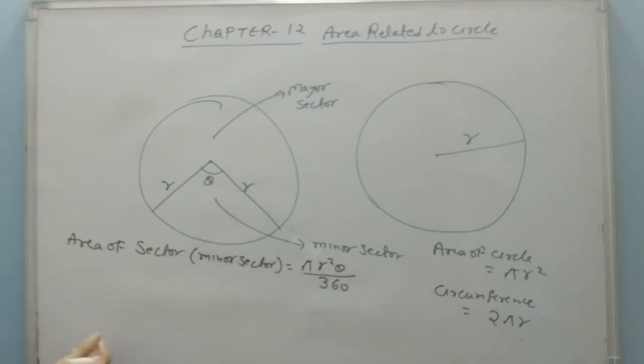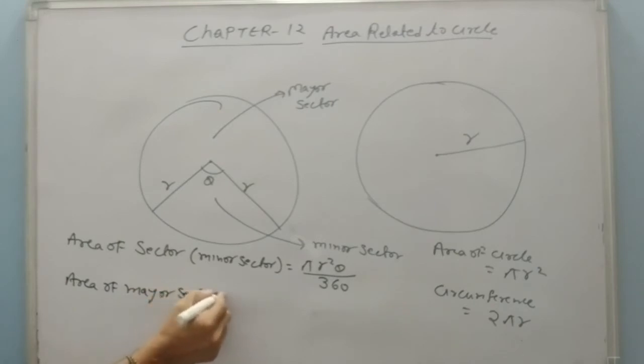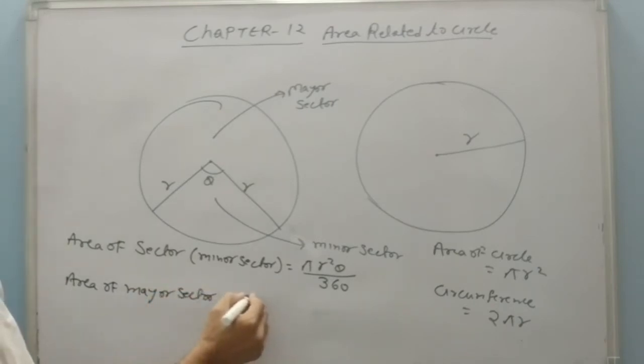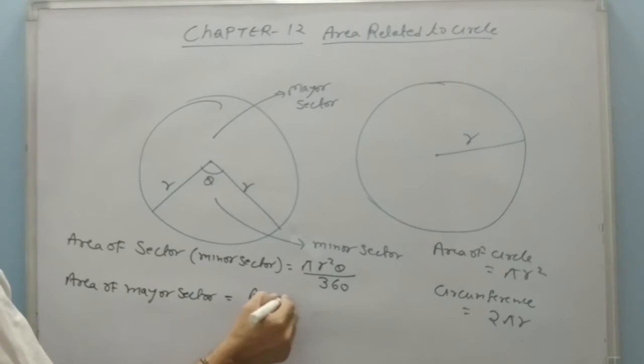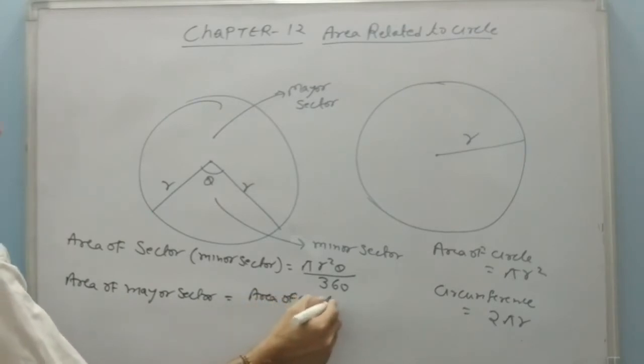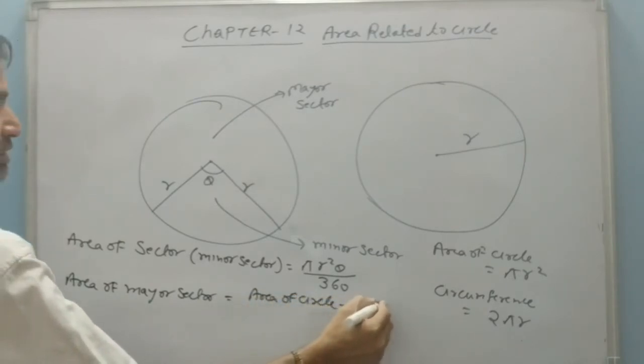This theta is the angle, and the area of the major sector will be area of circle minus area of minor sector.